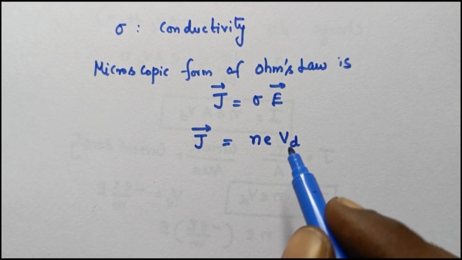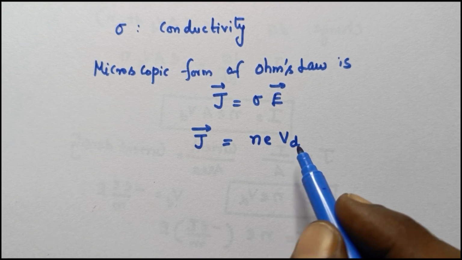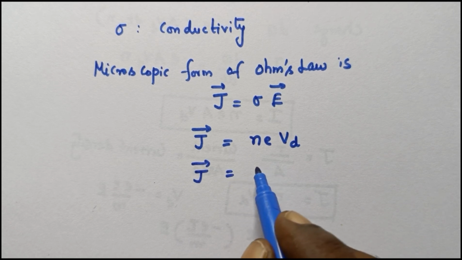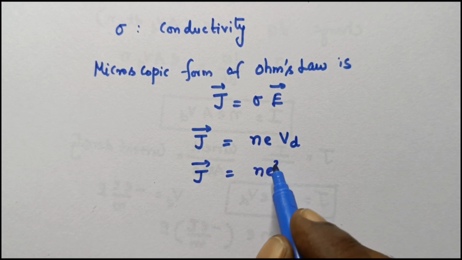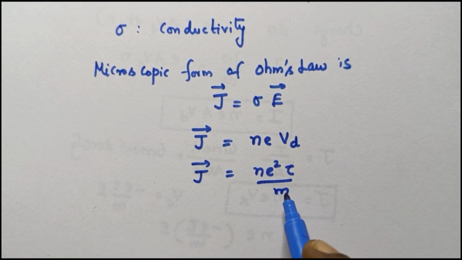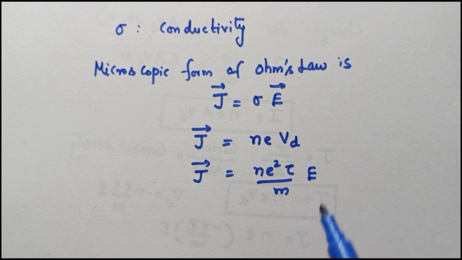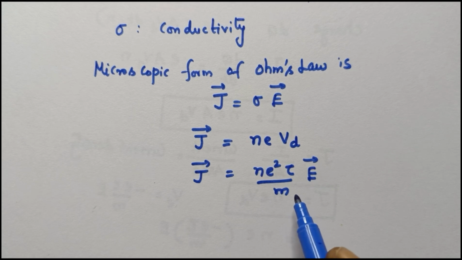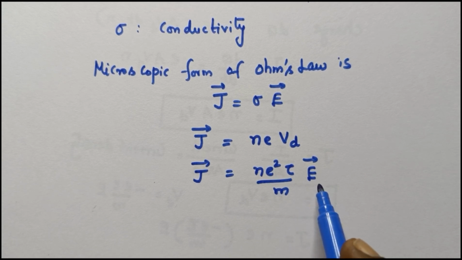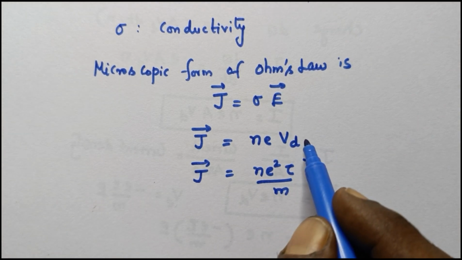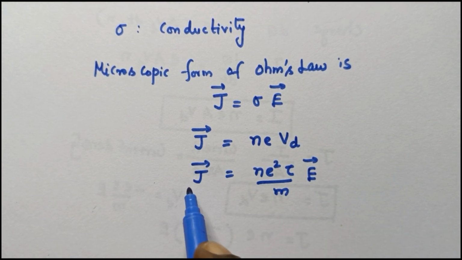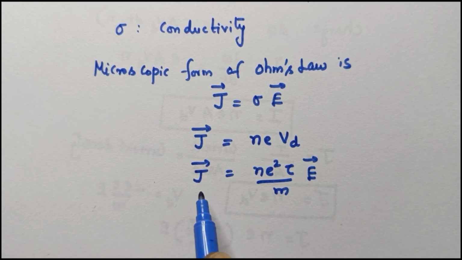Here if we substitute the expression for the drift velocity, then we will get J is equal to n e square tau by m into E. So this is an expression for the current density from the drift velocity. First we derived the expression for the drift velocity. If we use that expression of the drift velocity here, we get the expression for the current density.